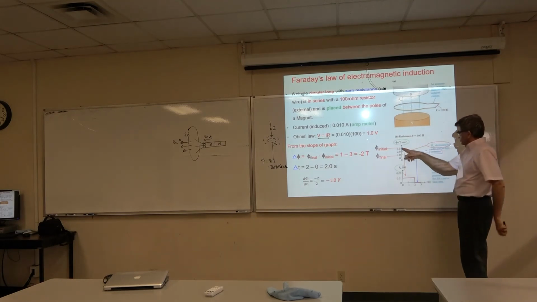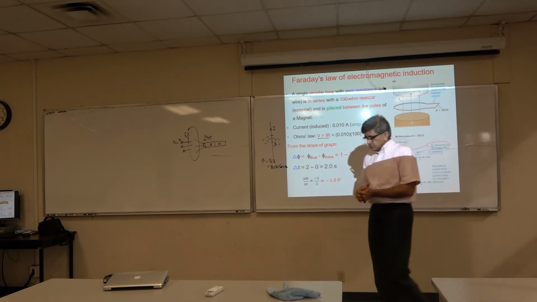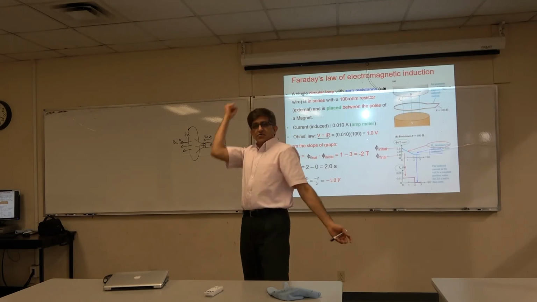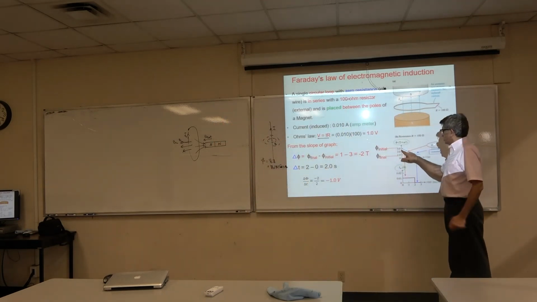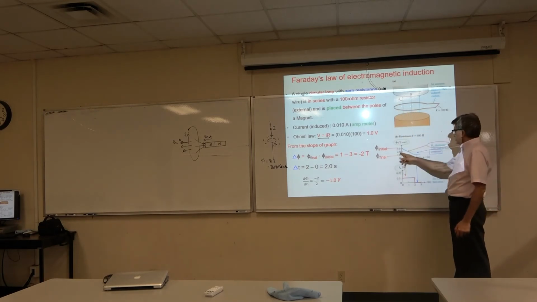Now if I plot this flux as a function of time, initially, when the magnetic field line passes through the coil, all of a sudden I have a lot of flux change, right? So at the beginning it was 3 Weber, and then it slowly started coming down with time.